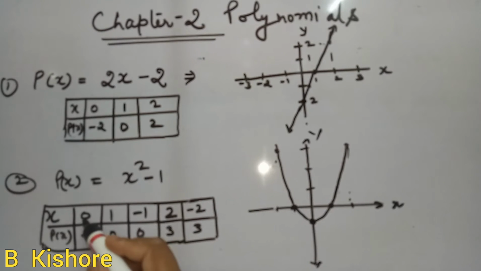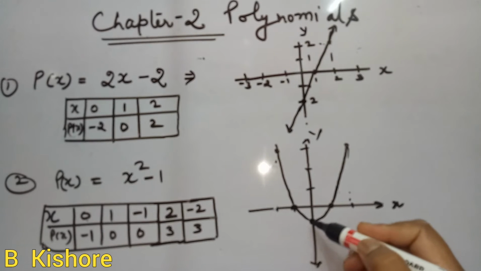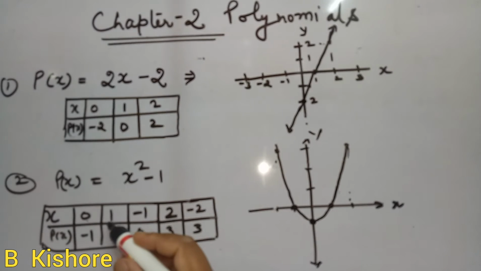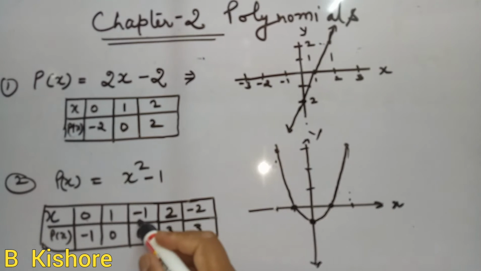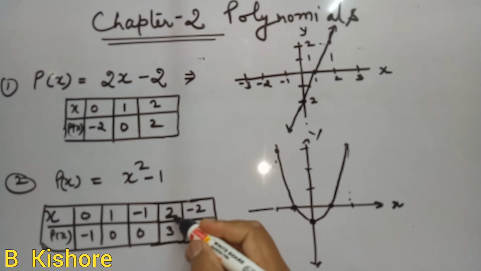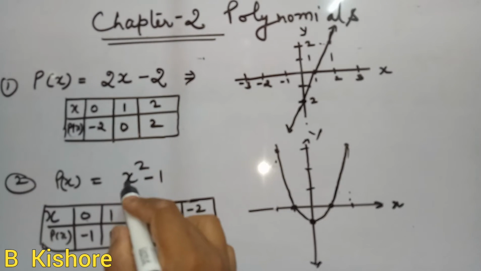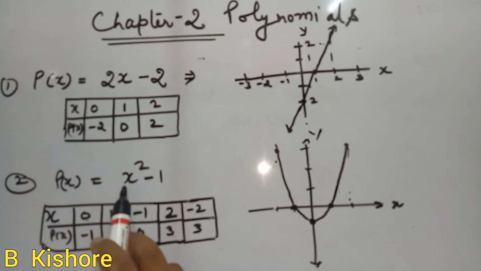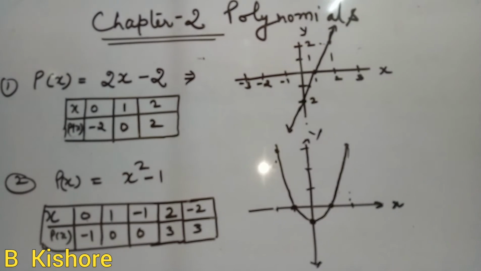When x is equal to 0, you are getting minus 1, and when x is equal to 1, you are getting 0. Then when x is equal to minus 1, you are also getting 0. At 2, when you put 2, 4 minus 1, 3, and when you put minus 2, this is also again 4 minus 1, 3. So at both points you will get 3 again.